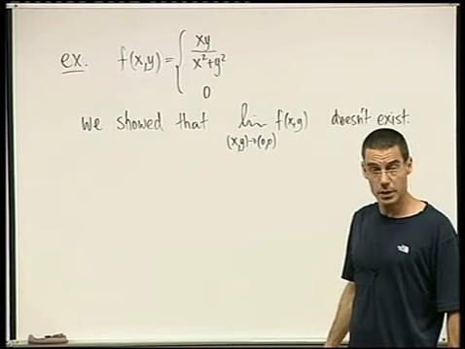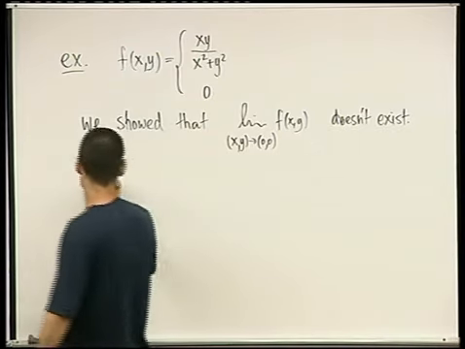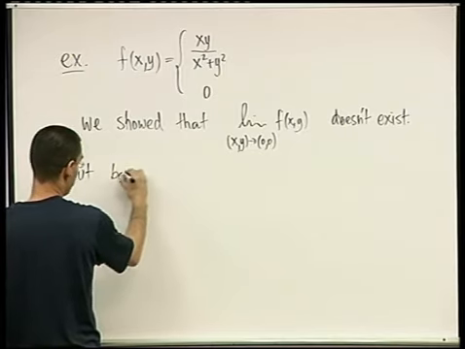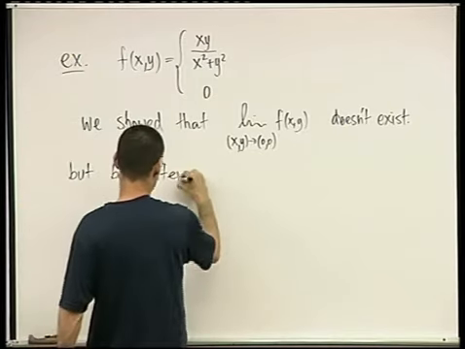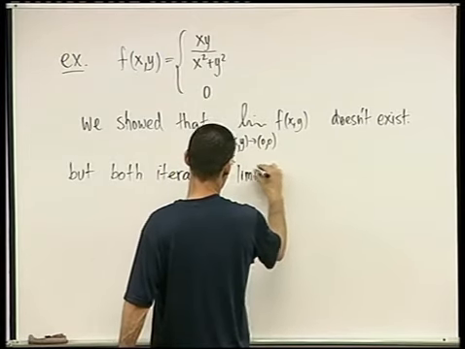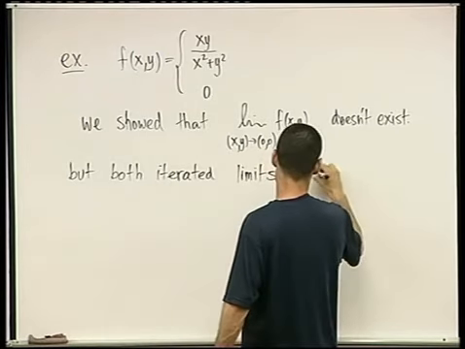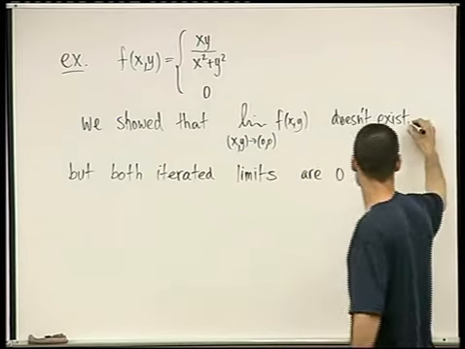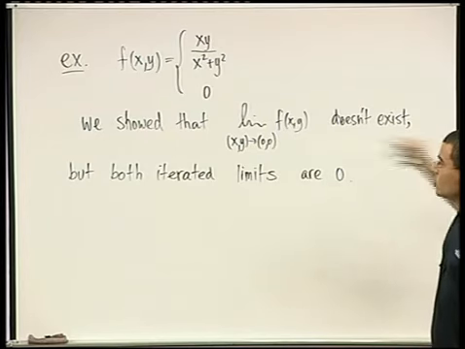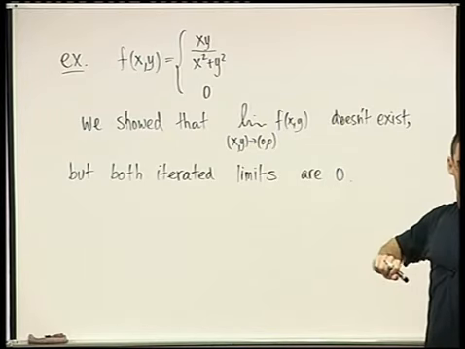Do you agree? So the limit doesn't exist, but both iterated limits are 0. Clear? So conclusion, don't be tempted.